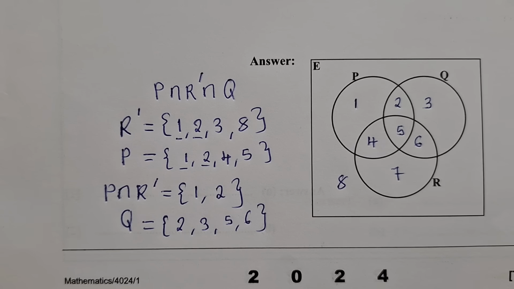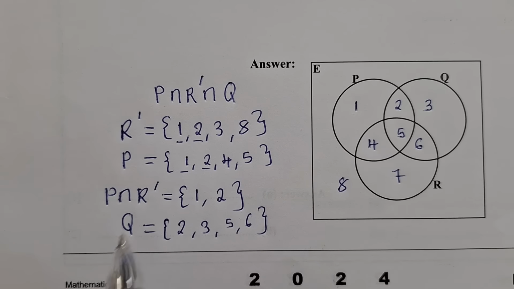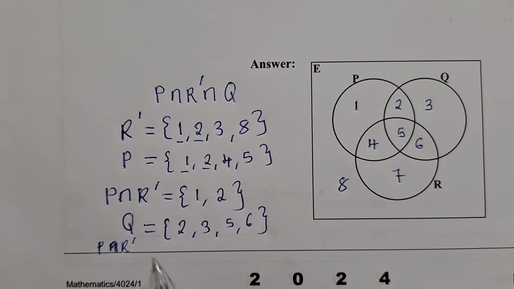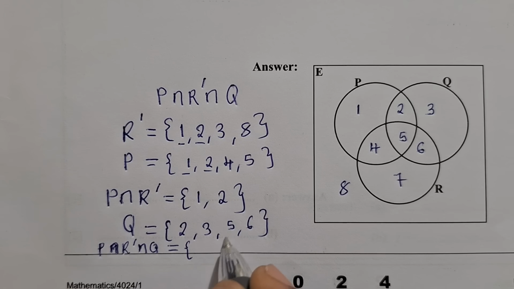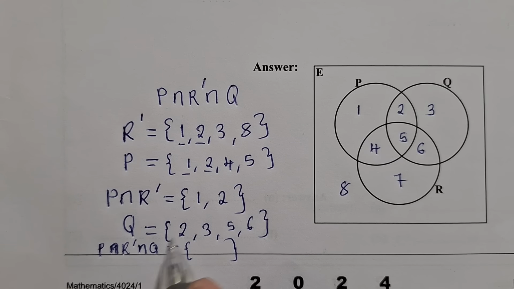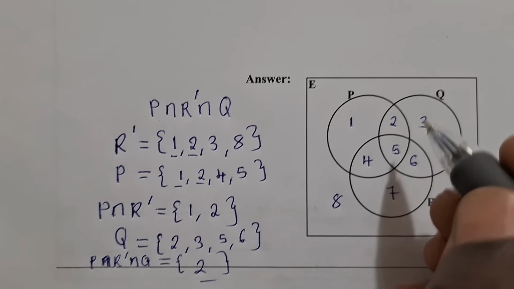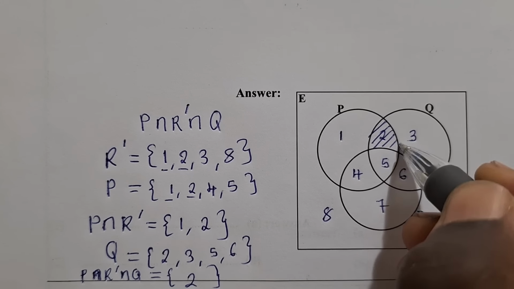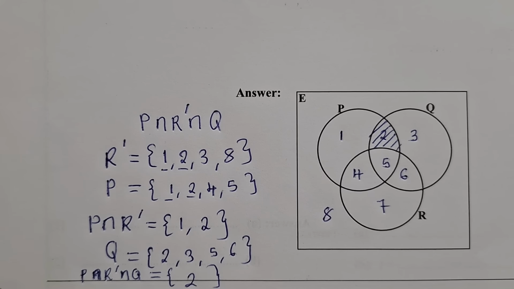Okay? So you can see, I want to find this. Now what I'm looking for is P intersect R complement intersect Q. So you check what is common here and here. It's just a 2. So where 2 is here is where we need to shade. So that's our answer, okay?